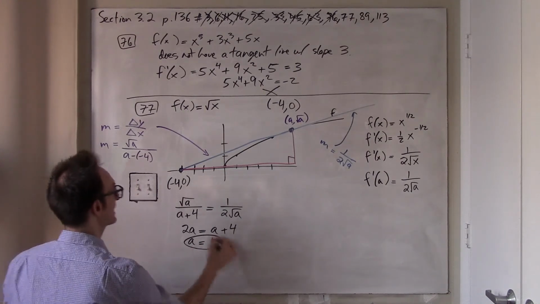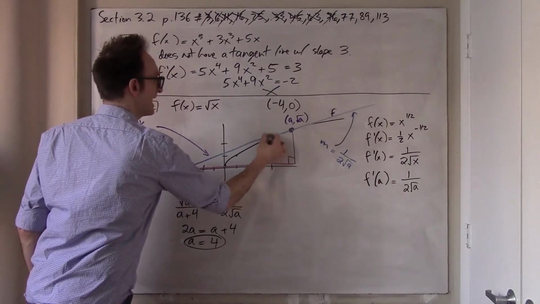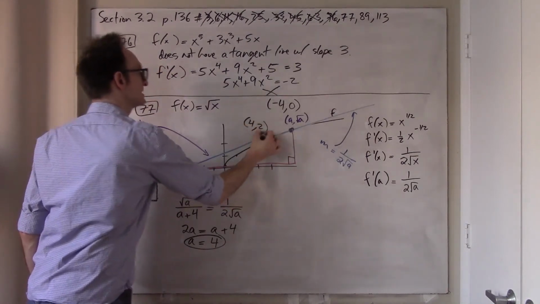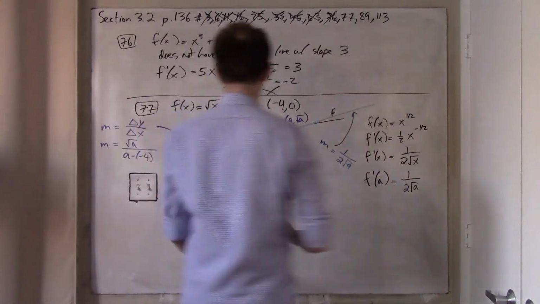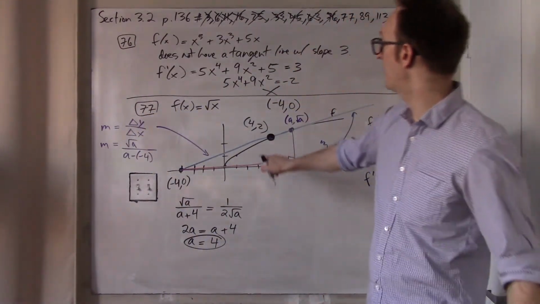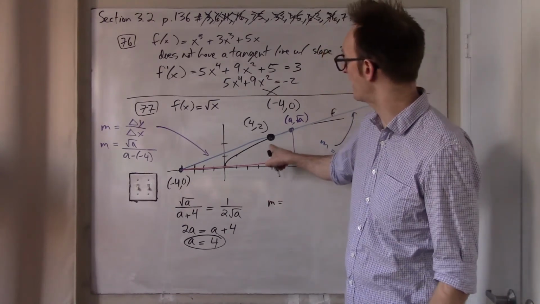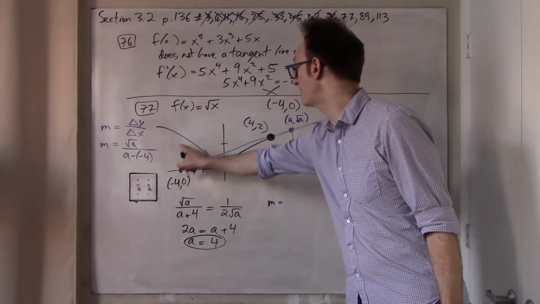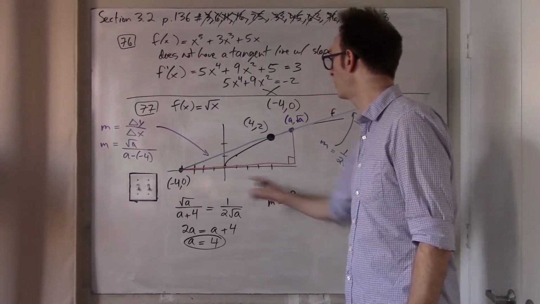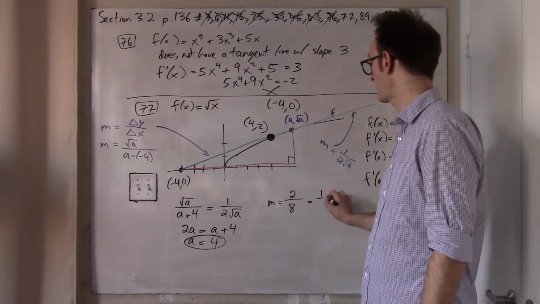That's not a crazy surprise actually. The answer to this problem is that this is all happening at (4, 2). I can check this now, because what is the slope of this line? On the one hand, I go up 2 and over 8, and so the slope of this blue line is 1/4.